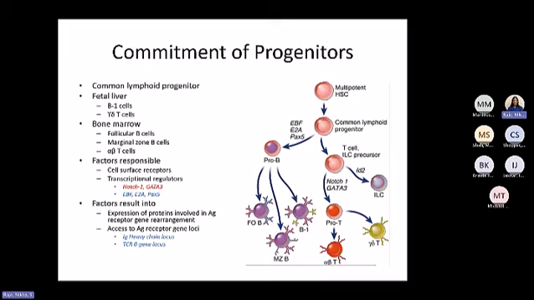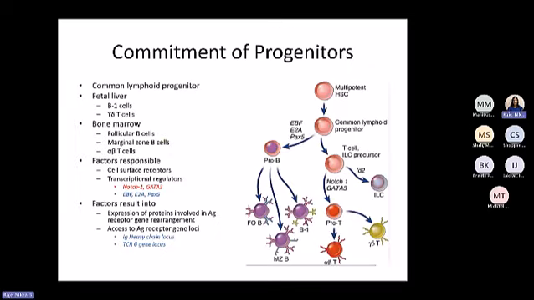So these genes have to be in accessible form for these transcription factors to go in there and be able to start the transcription of those proteins. And when those proteins are expressed, they help in certain functions, particularly in these developing lymphocytes. The important proteins that are expressed are the ones that take part in antigen receptor gene rearrangement.